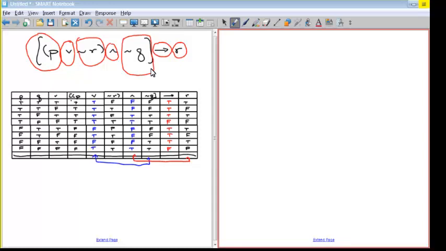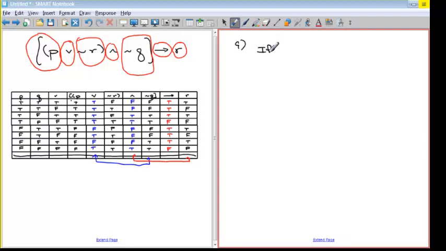Let's see, which one do I want to use? I'm looking at the wrong section. Okay, so let's look at problem number 9 on page 131.